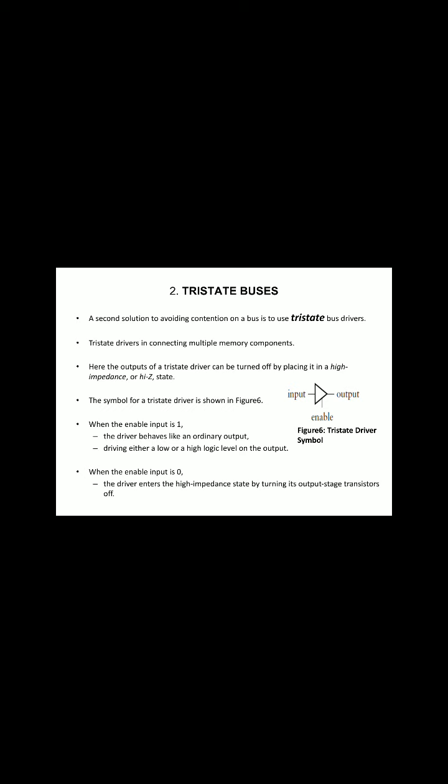In this type of tri-state, we have logic 0 state, logic 1 state, and logic Z state. Logic Z is nothing but a high impedance state. Whenever enable signal is 1, the output will get the input. Whenever enable signal is 0, we will be getting a high impedance value.